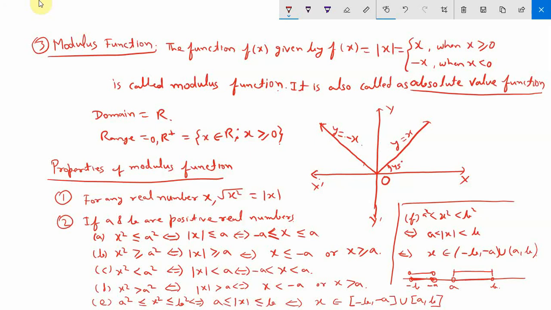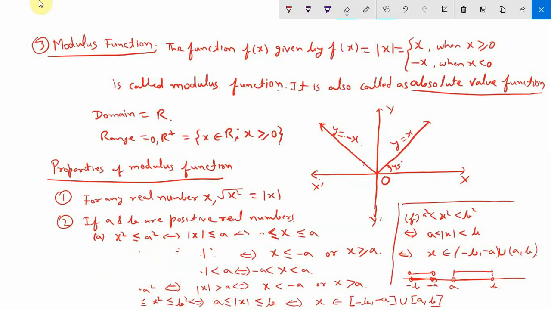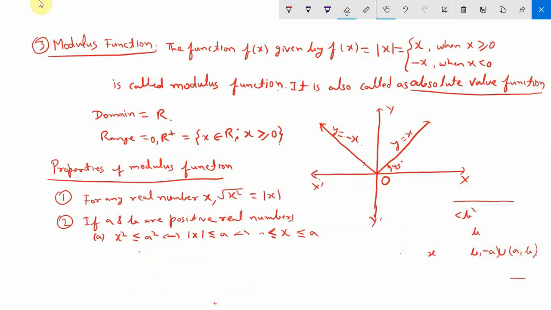So in the properties of the modulus function, one more property. Okay.